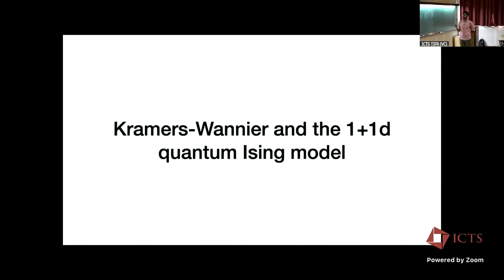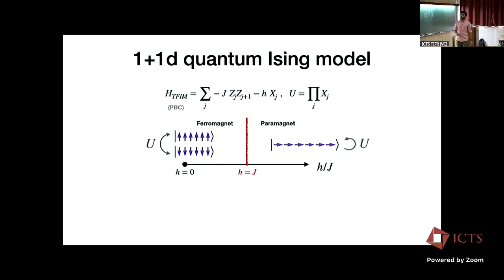So here, let me first recap Kramers-Wannier, which I'll go through quickly since Pranay gave a beautiful talk yesterday. So this has to do with the 1 plus 1D quantum Ising model, and the Hamiltonian, which by now you've seen infinitely many times, has a single dimensionless parameter, which is h over J. And as you tune it, you go through a phase transition between a ferromagnet state and a paramagnet state.